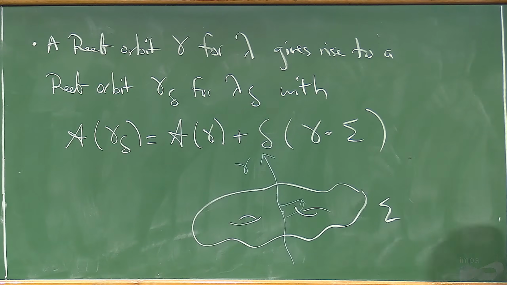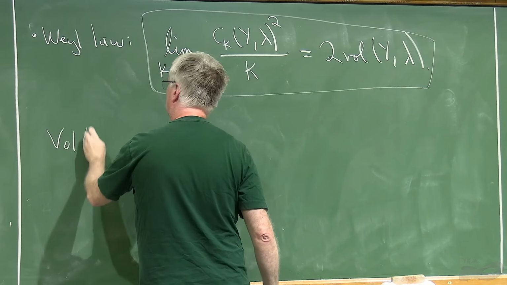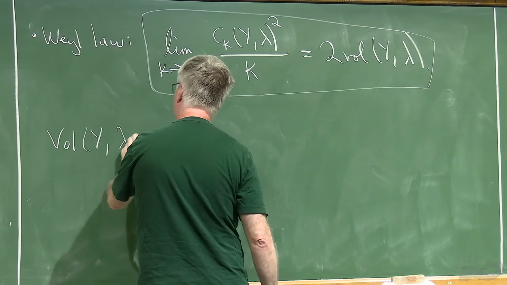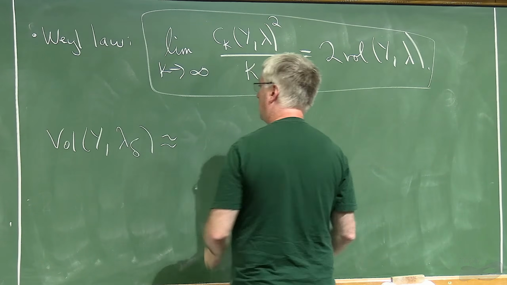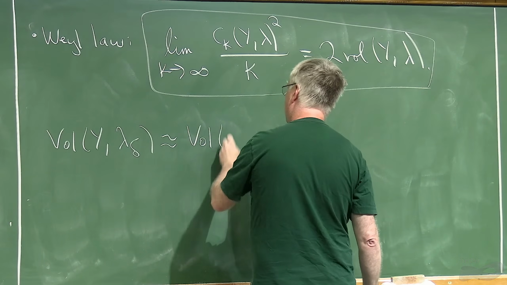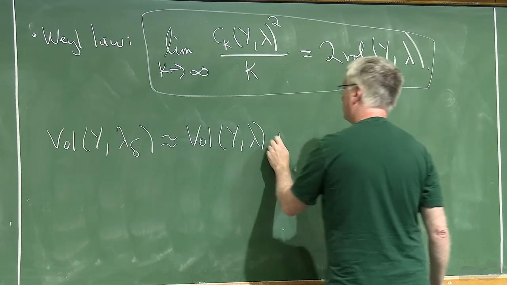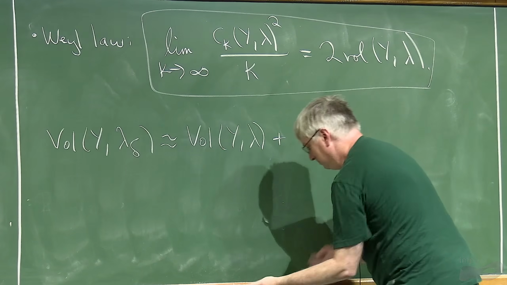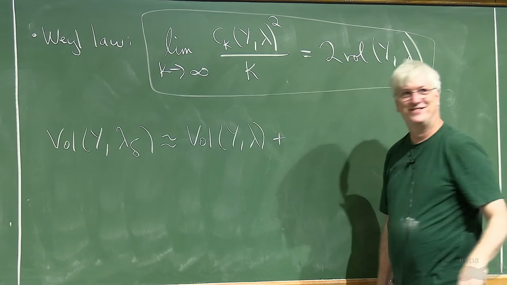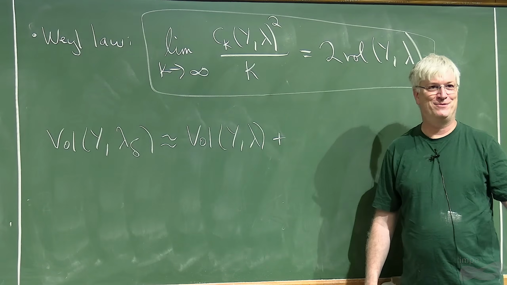I should keep the viola. And the other property is that the volume of Y with respect to lambda delta is approximately the volume of Y with respect to lambda plus, doing such a good job not breaking that one, and then I dropped it.